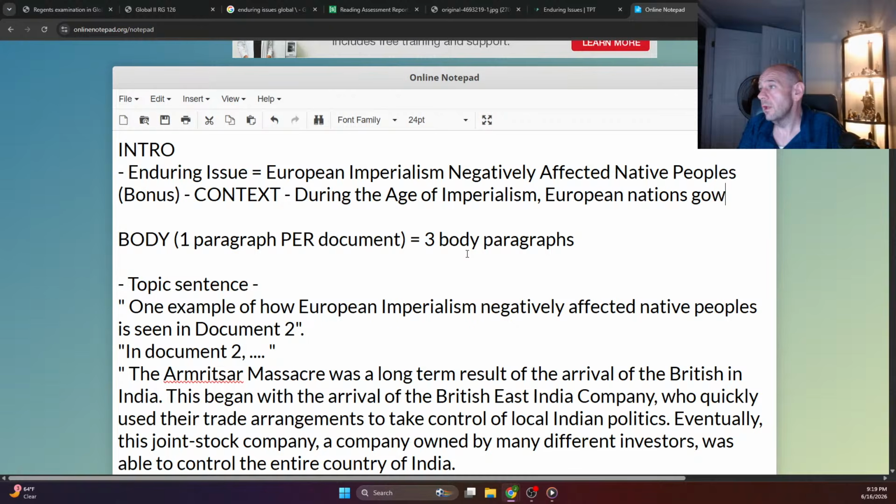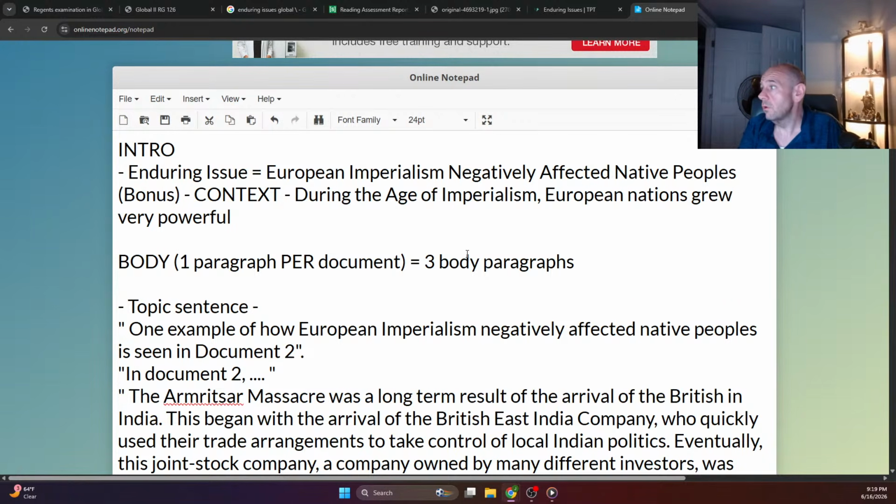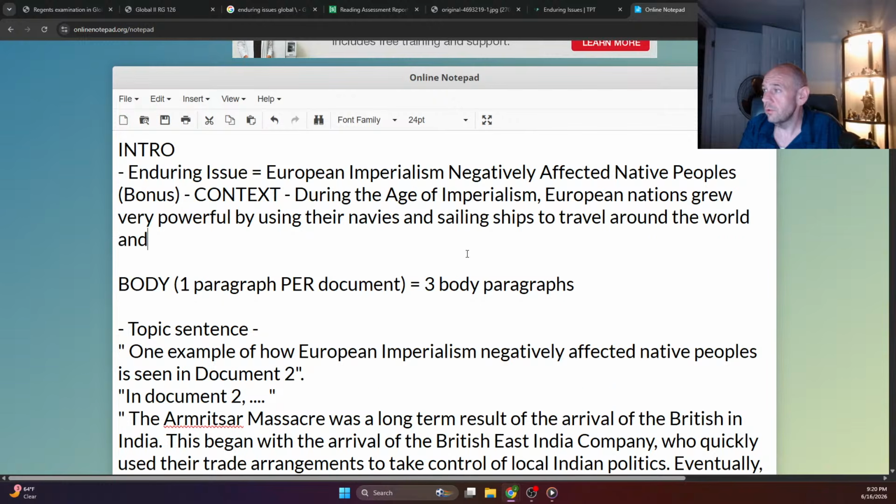You might write something like got or grew very powerful by using their navies and sailing ships to travel around the world and conquer other areas of the globe. That's context. Now, you could write more.